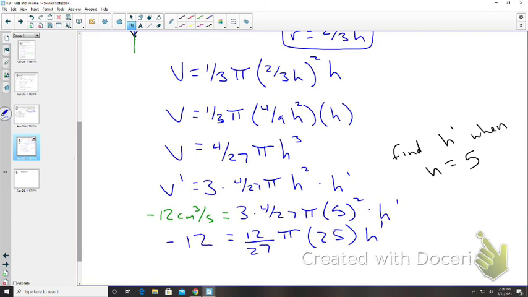Let's solve for H prime now. So multiply by 27, those will go away. We're going to divide by 12, those will cancel. We're going to divide by 25 and pi.